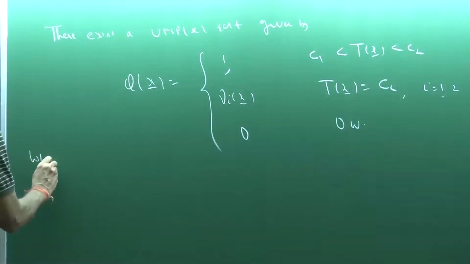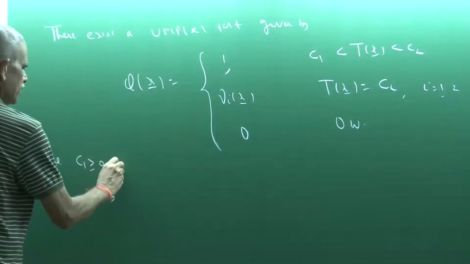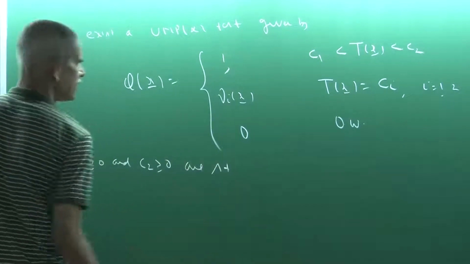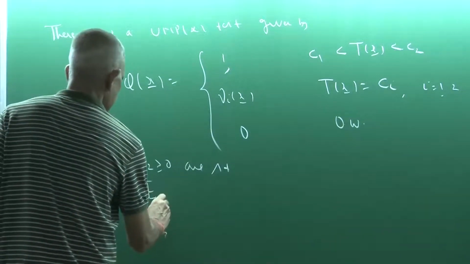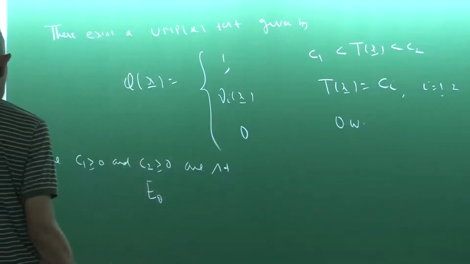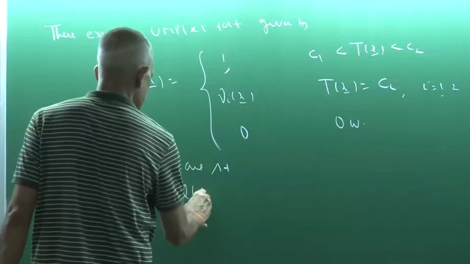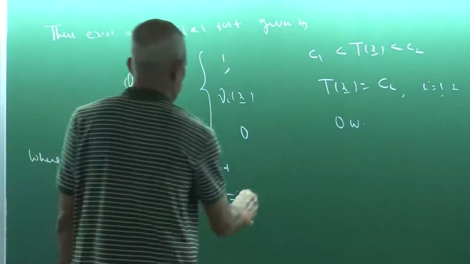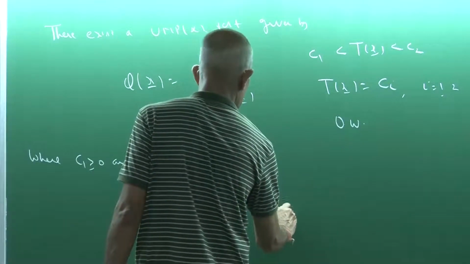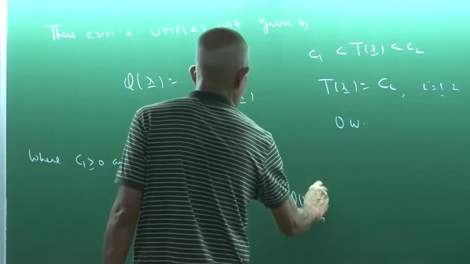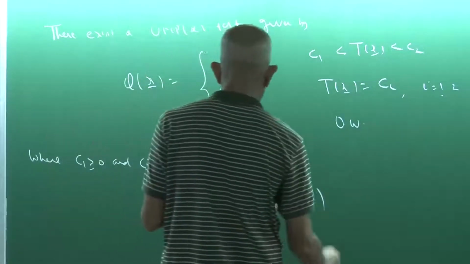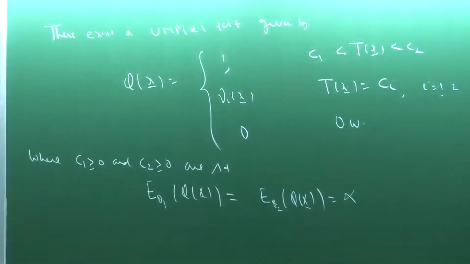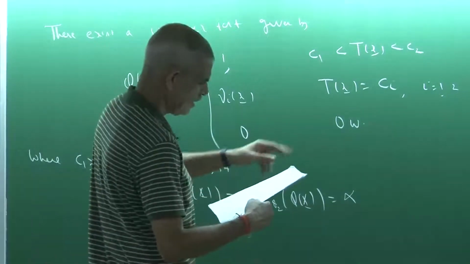Where c1 and c2 are positive constants such that E theta 1 phi x, so that means that is the boundary point, E theta 1 phi x is the same as E theta 2 phi x, which is the same as alpha.